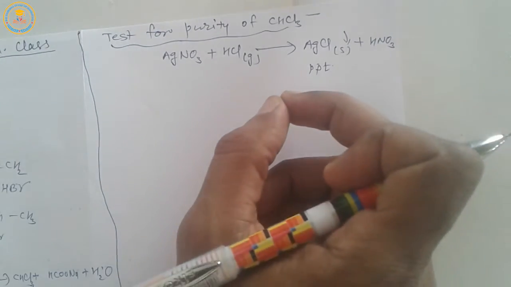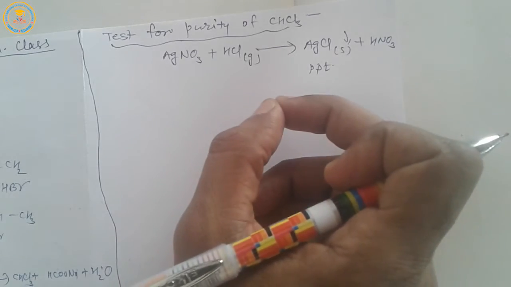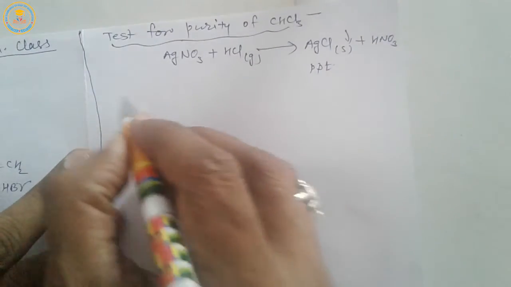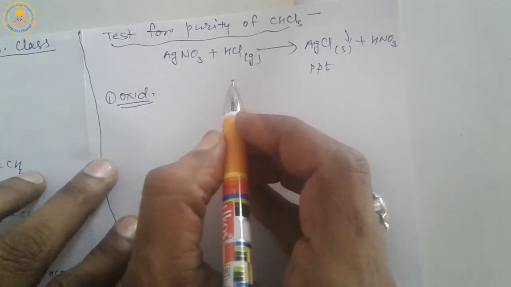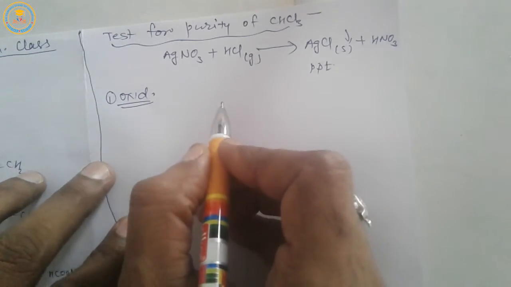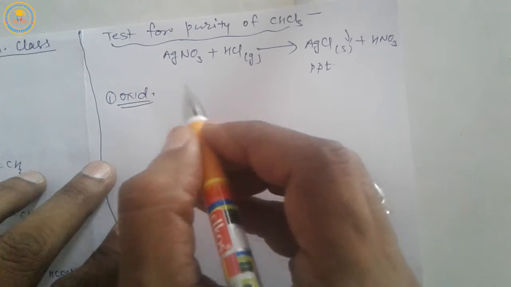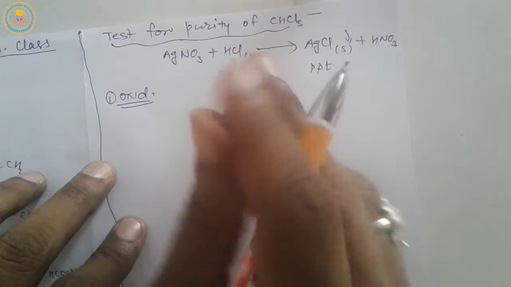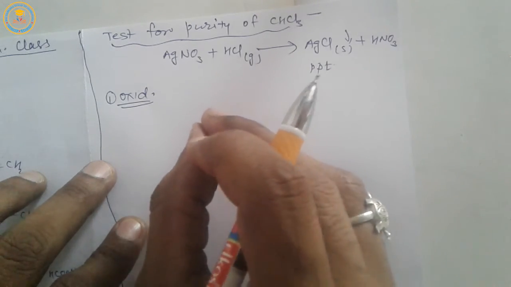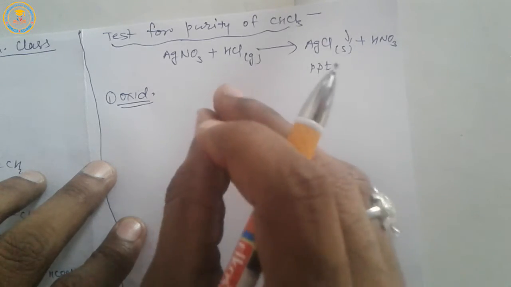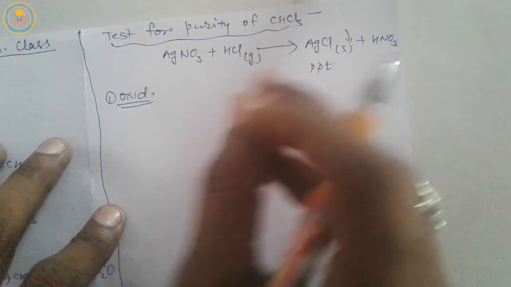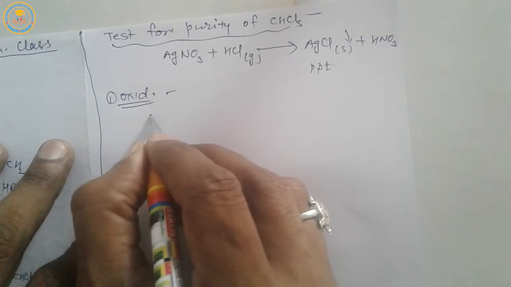Now, next, chemical properties of chloroform. First point is oxidation or action of light. When chloroform reacts with air in presence of sunlight, then a poisonous gas, which is known as phosgene, is obtained after oxidation of chloroform.